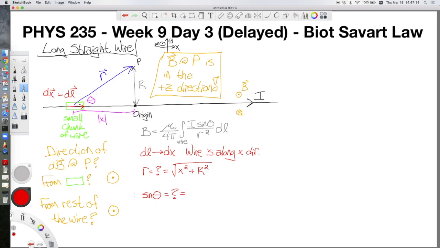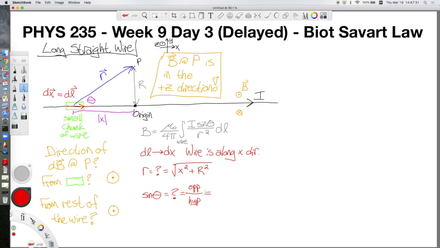And don't get confused here and think you actually have to calculate theta. Just remember your SOHCAHTOA. It's more powerful than you think it is. Sine is opposite over hypotenuse. That's the SO of SOHCAHTOA.